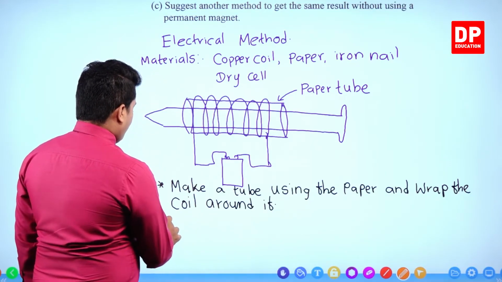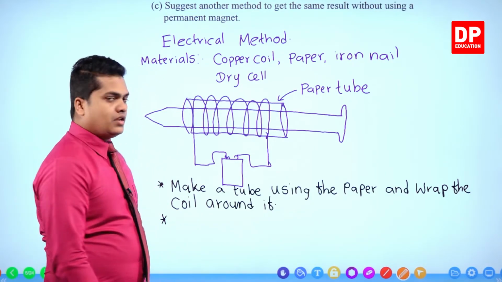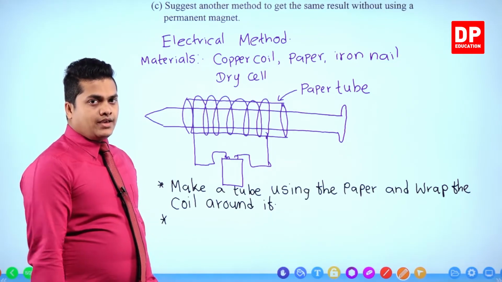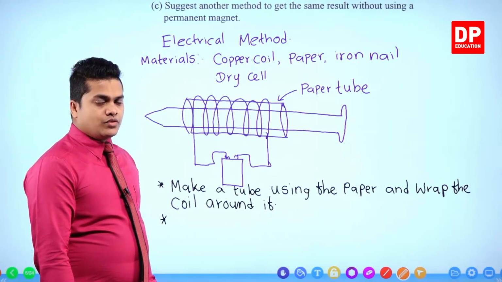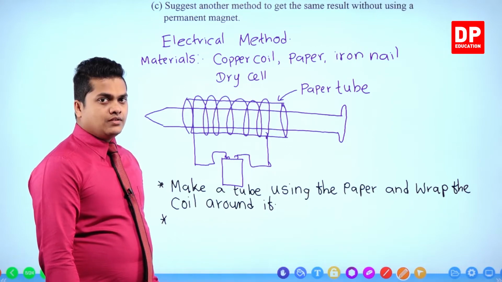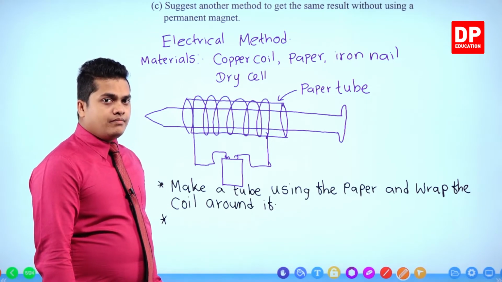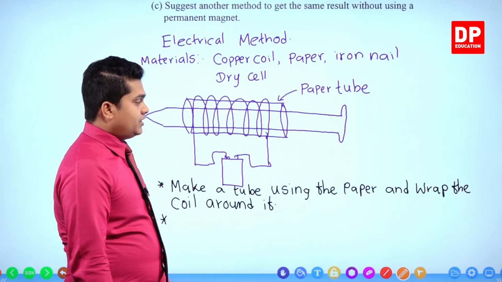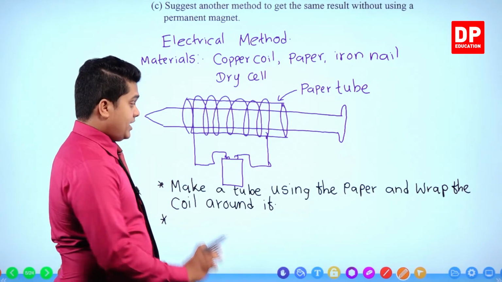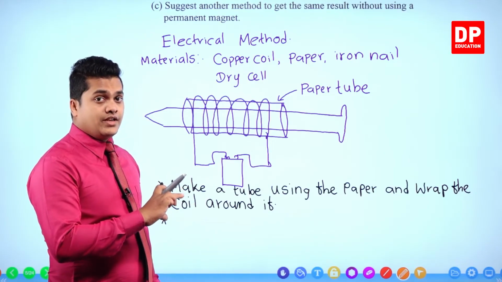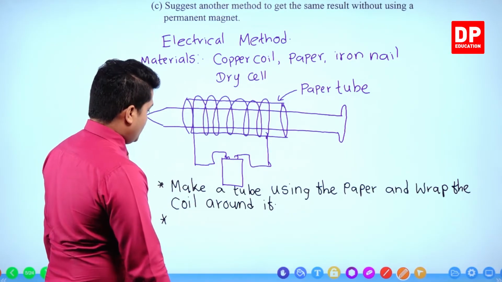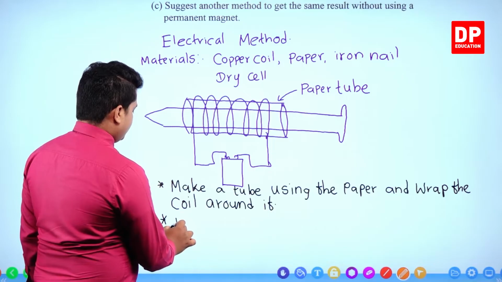Then in the next step we can write: supply current to the two terminals of the coil and make a permanent magnet by using the iron nail. Before that we need to insert the iron nail into the tube.